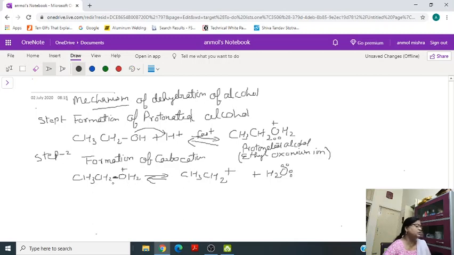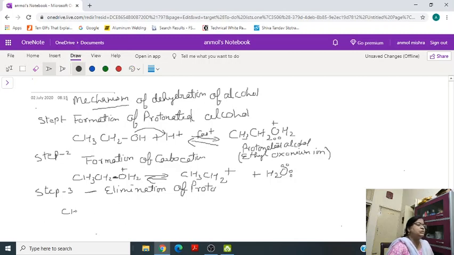The third step is deprotonation, that is elimination of proton. Step 3, elimination of proton.